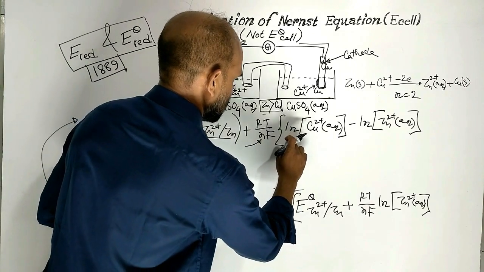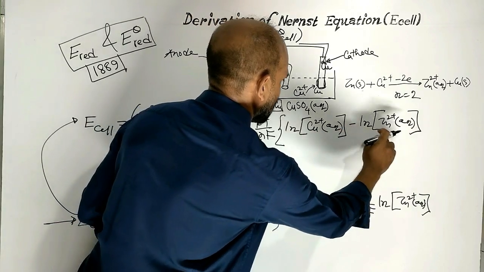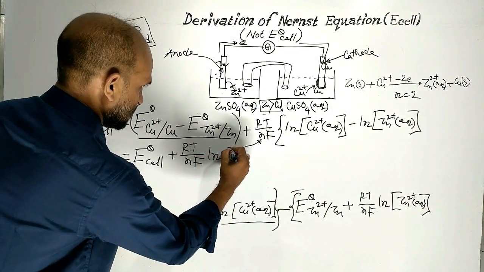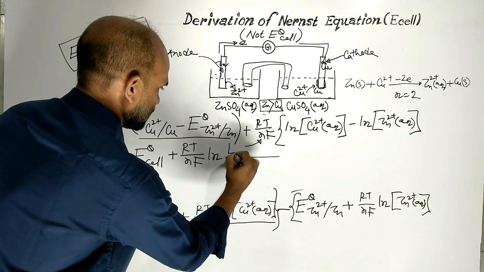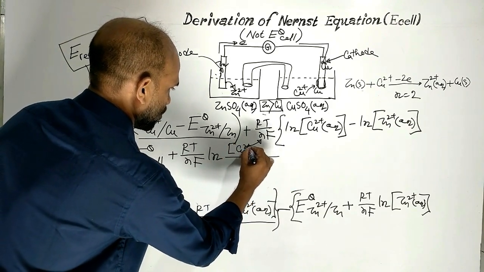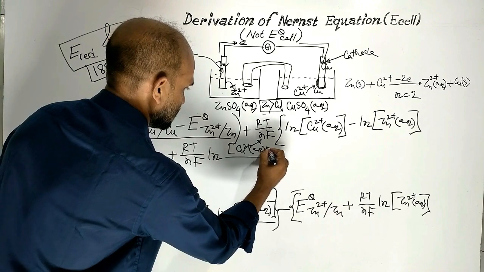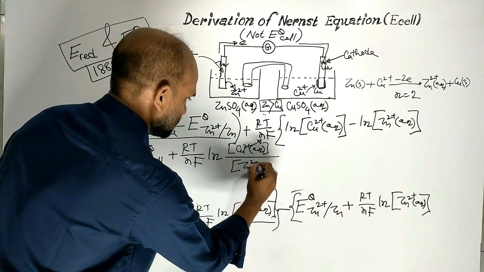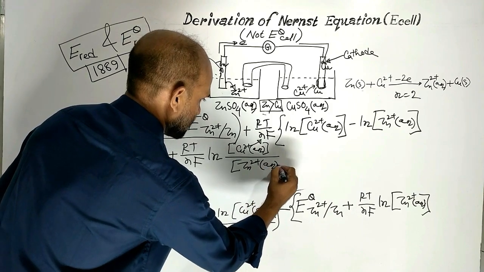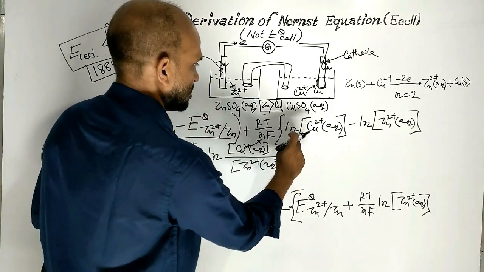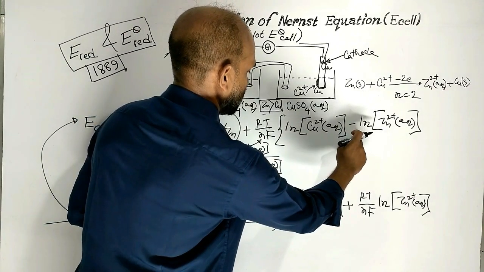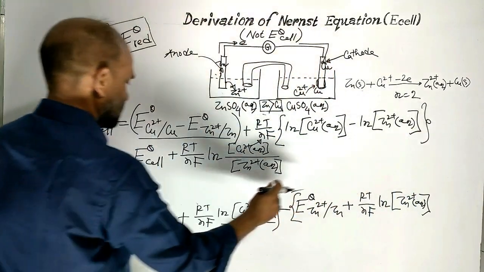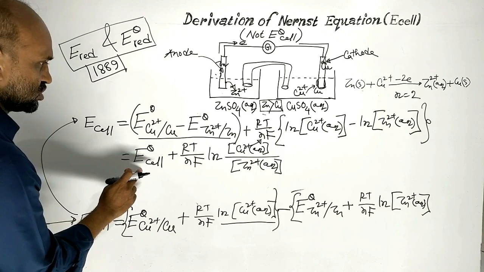Here ln A minus ln B is ln A by B, so concentration of copper 2 plus ion divided by concentration of zinc 2 plus ion, following the ln A minus ln B formula. This is the equation we got.